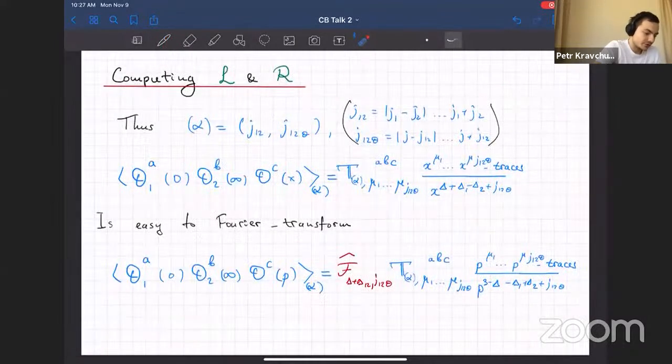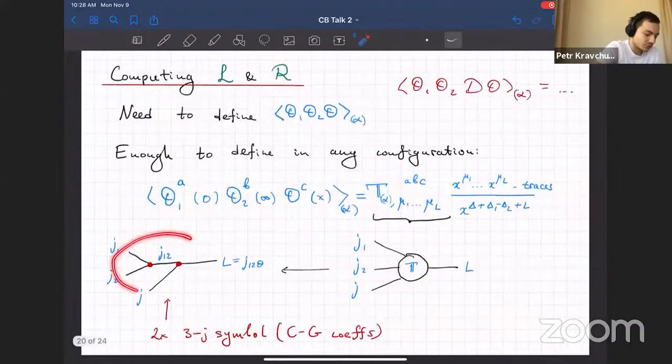So to summarize this construction, we label the 3-point tensor structures by two numbers, J12 and J12O, where J12 is just everything which appears in the tensor product of J1 and J2, and J12O is everything that appears in the tensor product of J and J12.